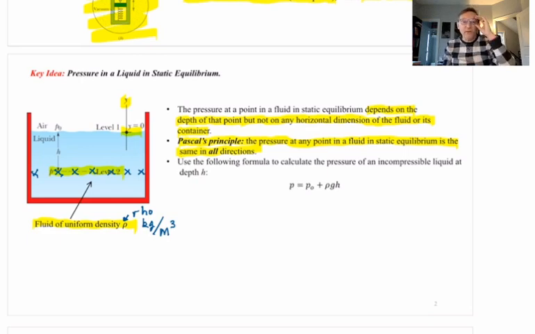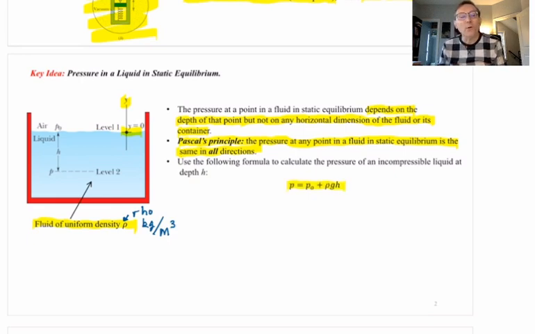So here's the key thing we want to know, and I'm going to show you a little mini derivation of this result, but I want to show you the result now because it's useful. What formula do you use to find the pressure at this level 2 in my picture, the pressure labeled P, which is depth h below level 1, where the pressure is P0? It's this handy formula right here.